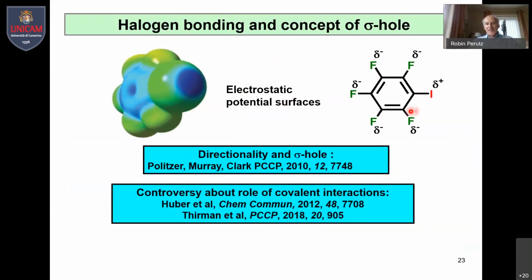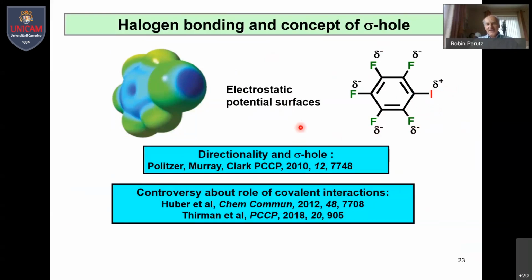If we want to understand what's going on, one of the prototype molecules is iodopentafluorobenzene. In this molecule, the fluorines are all polarized delta minus, but the iodine, at least in part, is polarized delta plus.